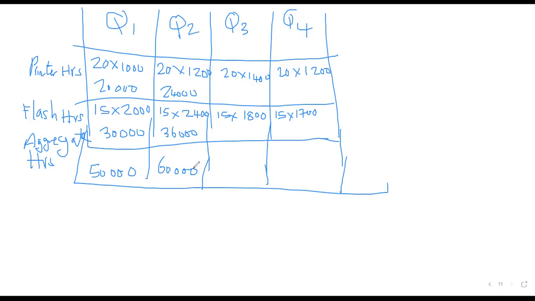20 by 1,400 is 28,000, which is what we have on quarter 3. 15 by 1,800 is 27,000, which is giving us 55,000.